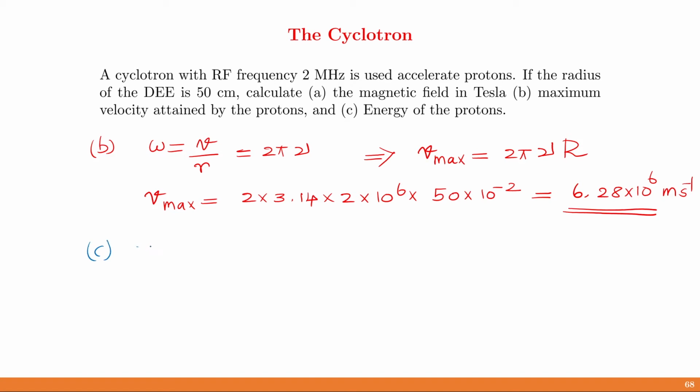In part C, we have to find out the maximum energy of the protons. So this is half m v max square.